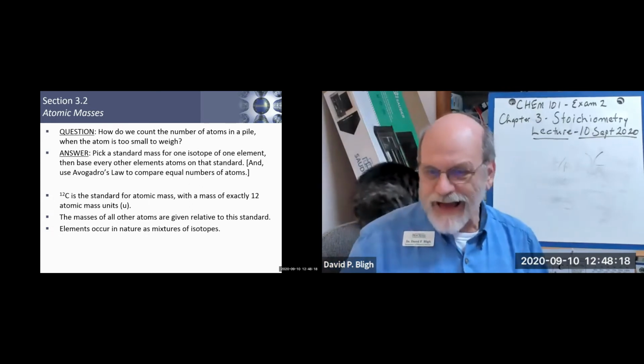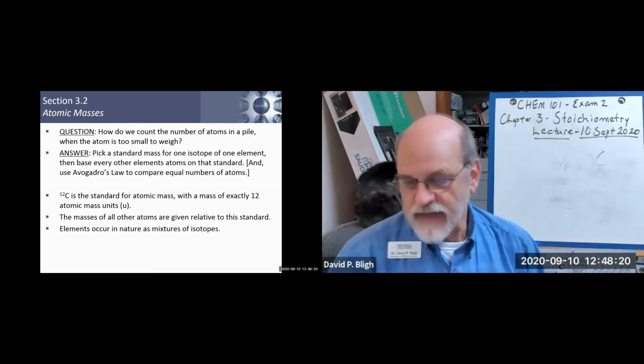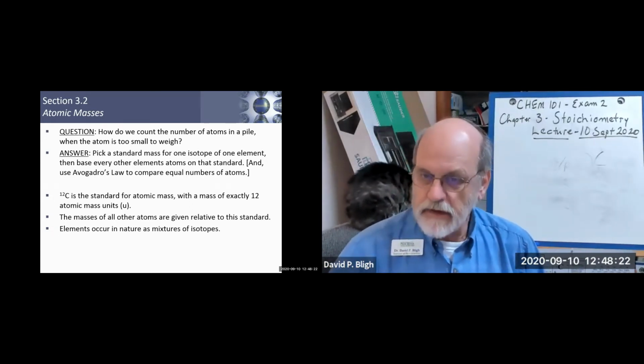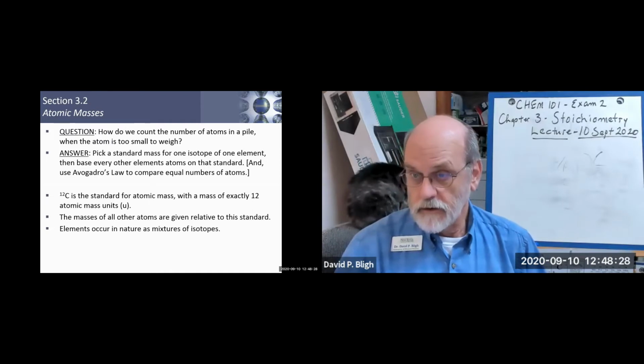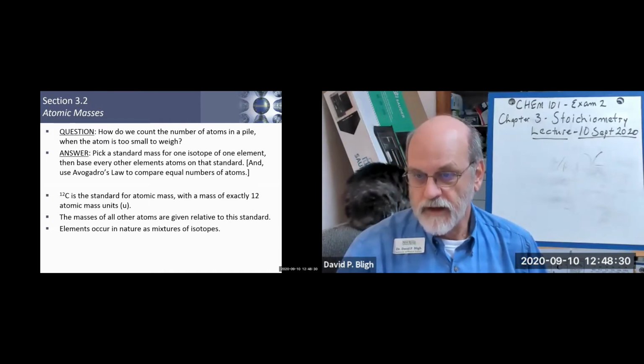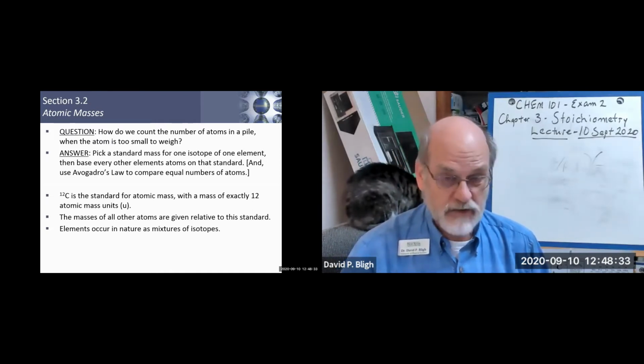There's another fly in the ointment, and that is, you may have guessed, that in nature, elements occur as a mixture of isotopes, and they don't all have the same mixture.